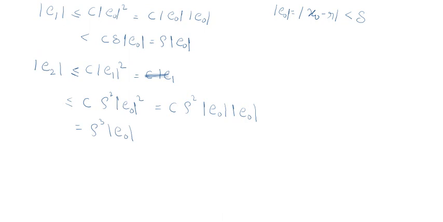Now what about mod of e3? It is less than or equal to c times mod of e2 square, which is less than or equal to c times rho cube, rho to the power 6, mod of e naught square, which is less than or equal to rho to the power 7 times mod of e naught, and so on.